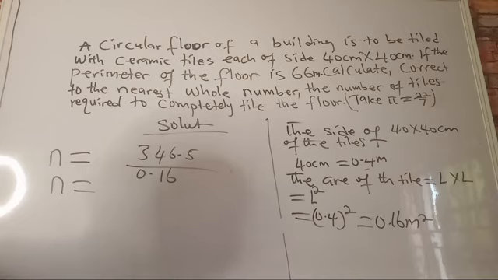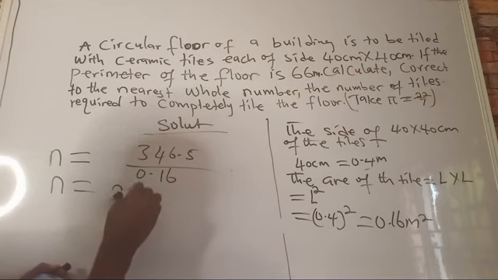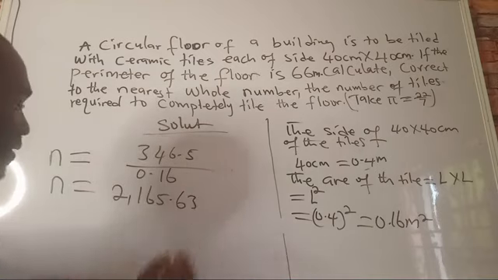Let's get it, 346.5 divided by 0.16. So what we have here is 2165.63.